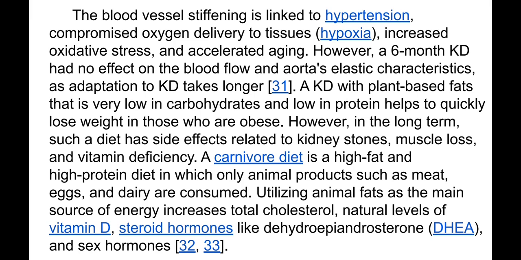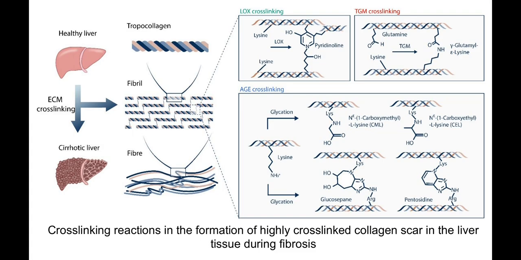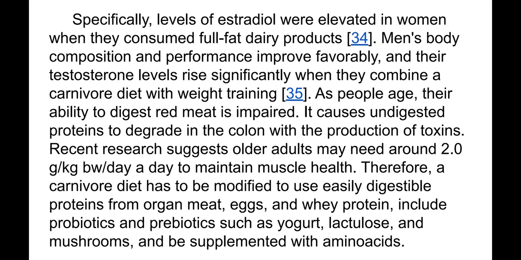Blood vessel stiffening is linked to hypertension, compromised oxygen delivery to tissues, so-called hypoxia, increased oxidative stress, and accelerated aging. Pardon, I repeated this slide. Sorry. Okay, I repeated this slide, but whatever.